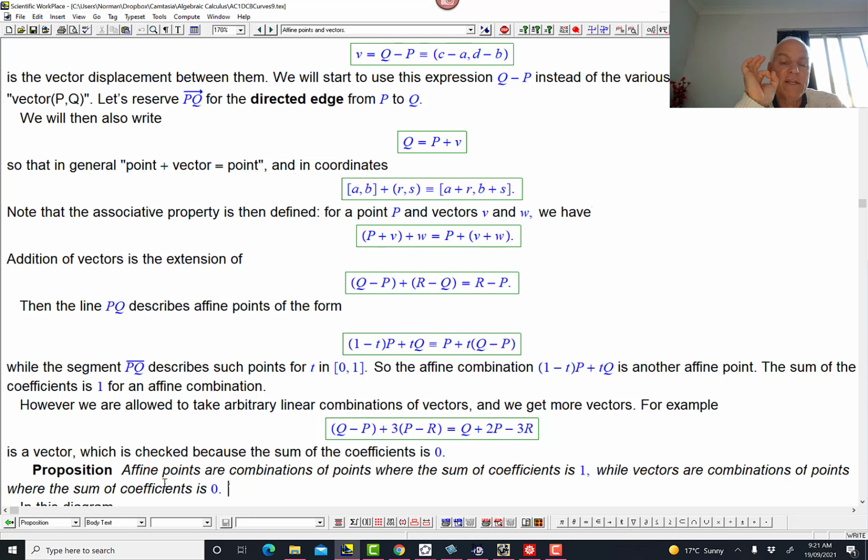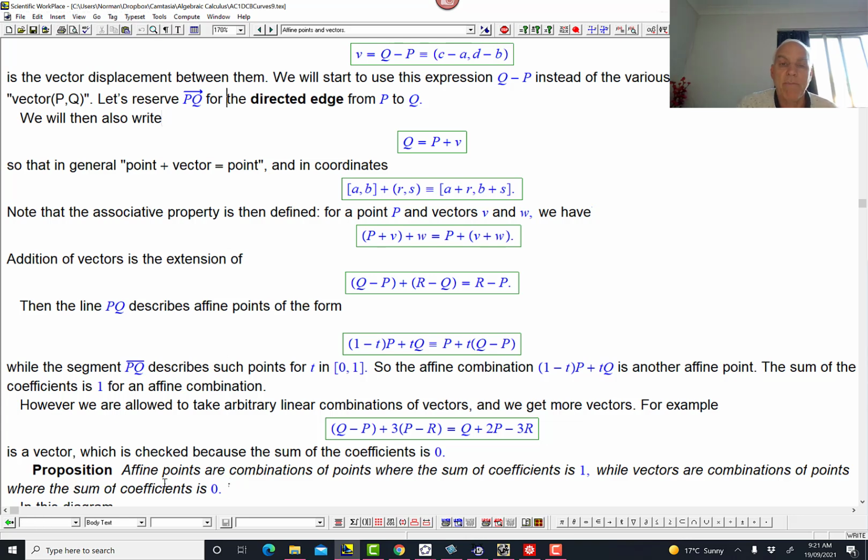So we can immediately tell whether an expression in a linear combination of points is actually a point or a vector, or it's not defined. If the sum is not 0 or 1, then this thing doesn't make sense to us.